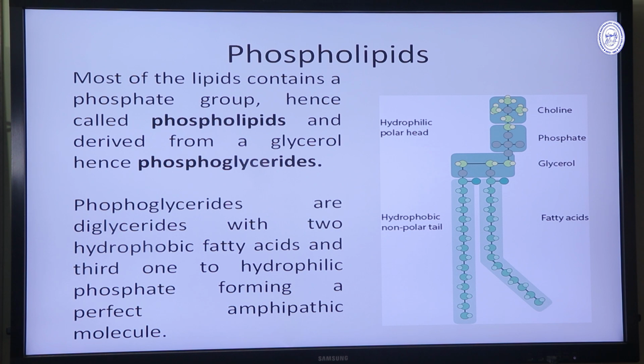So, they actually form a perfect amphipathic molecule having a hydrophobic tail region and hydrophilic head region. Now, this phosphate group can be attached with other reactive group. Here in this picture you can see that there is choline.